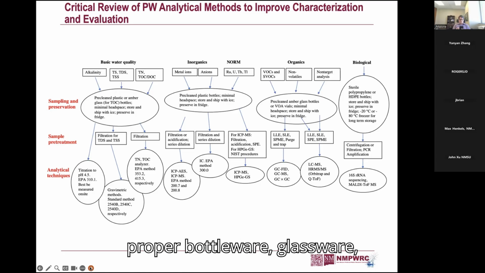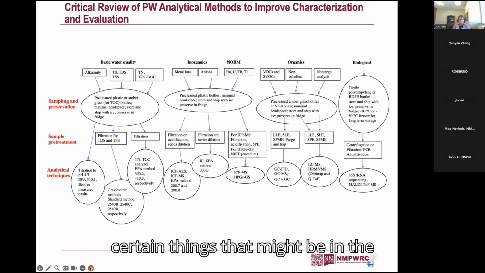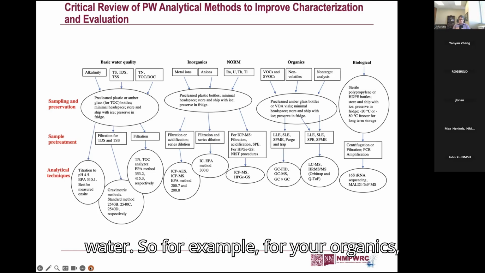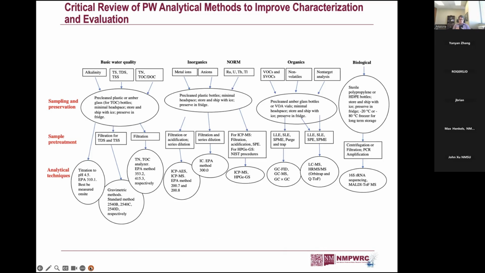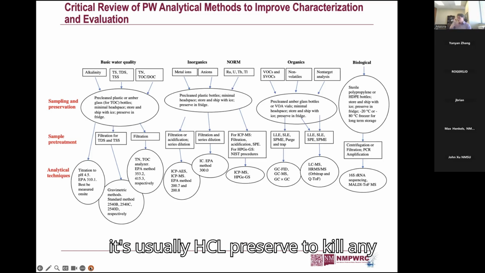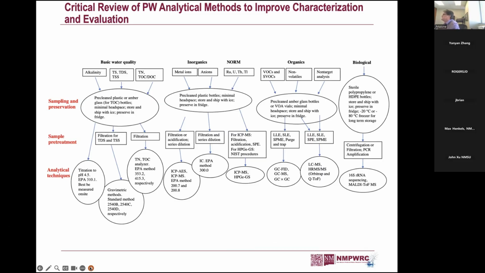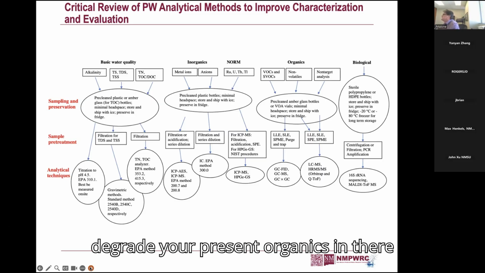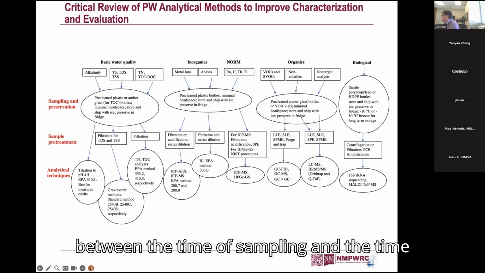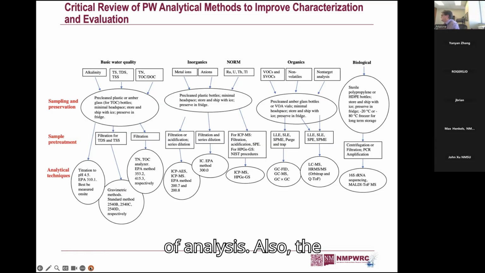It needs to be in the proper bottleware, glassware. Oftentimes, for specific methods, there will be preservatives to eliminate certain things that might be in the water. So, for example, your organics are usually HCl preserved to kill any microbials that could degrade the organics present between the time of sampling and the time of analysis.